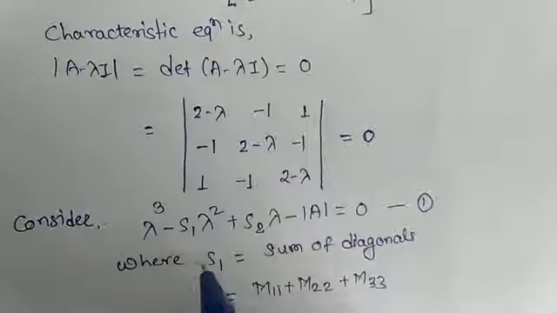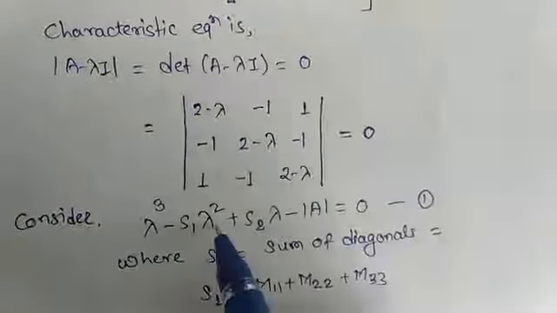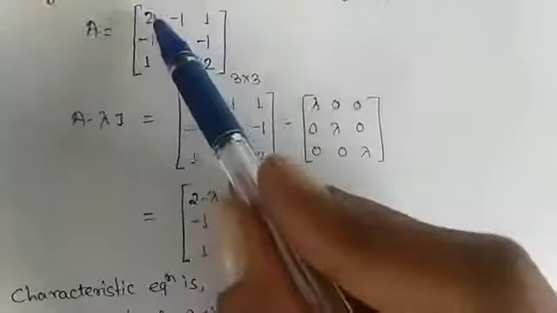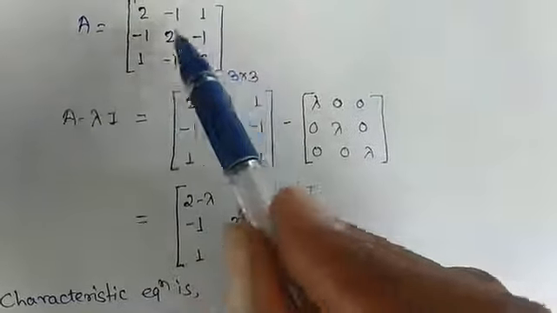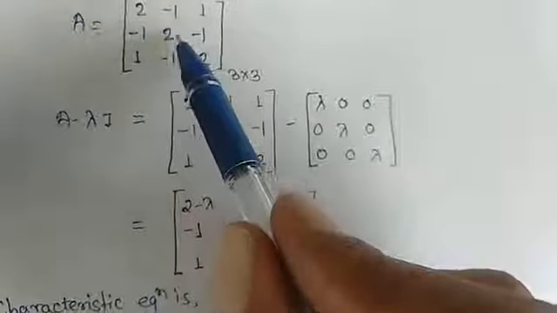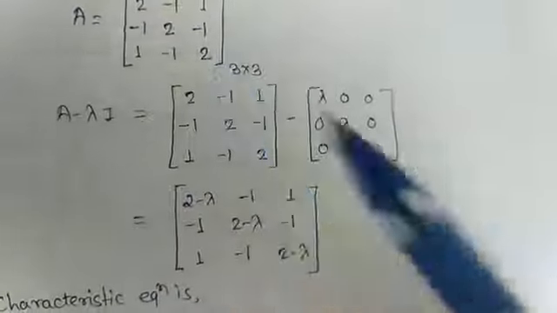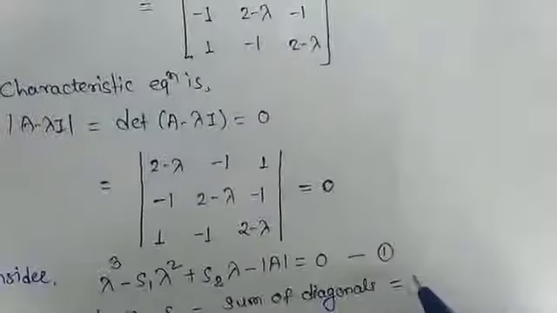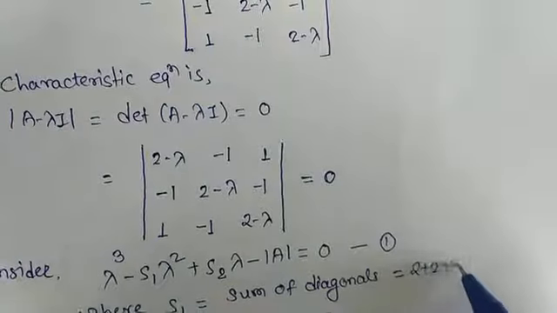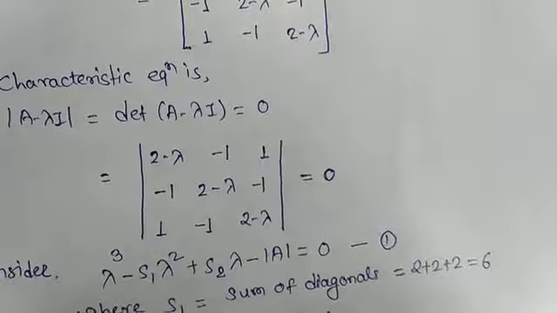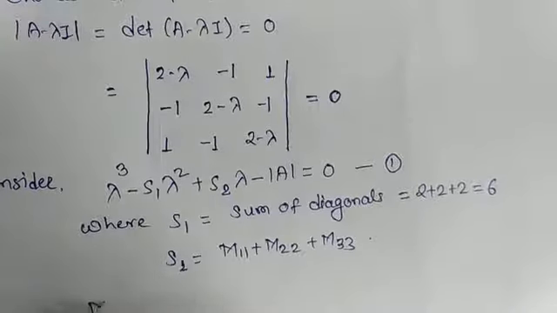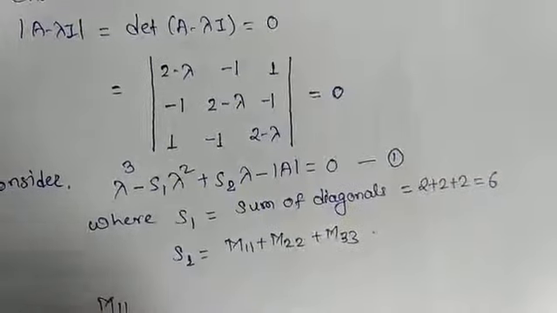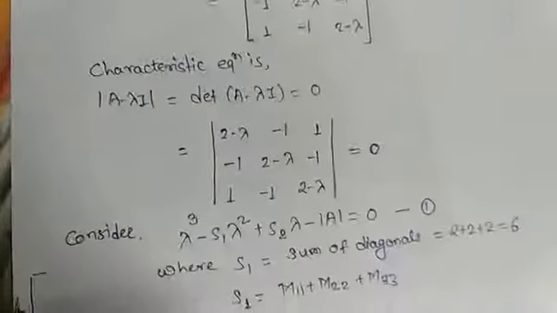Now S1 is the sum of diagonals. Matrix A is 2, minus 1, 1; minus 1, 2, minus 1; 1, minus 1, 2. The diagonal entries are 2 plus 2 plus 2, so S1 is equal to 6. Now we have to find the minors, starting with M11.